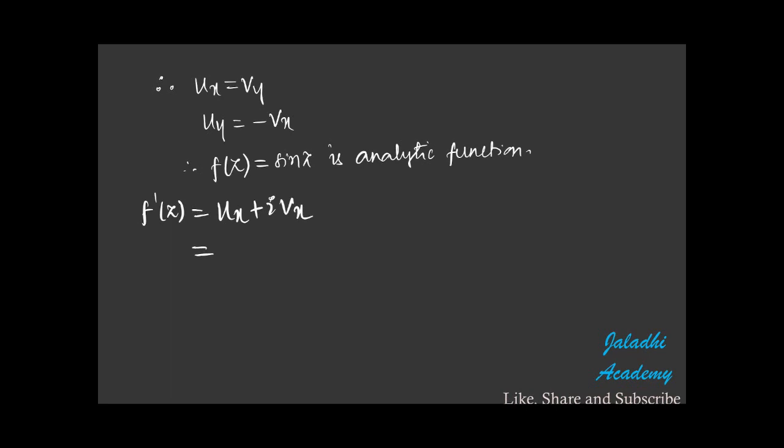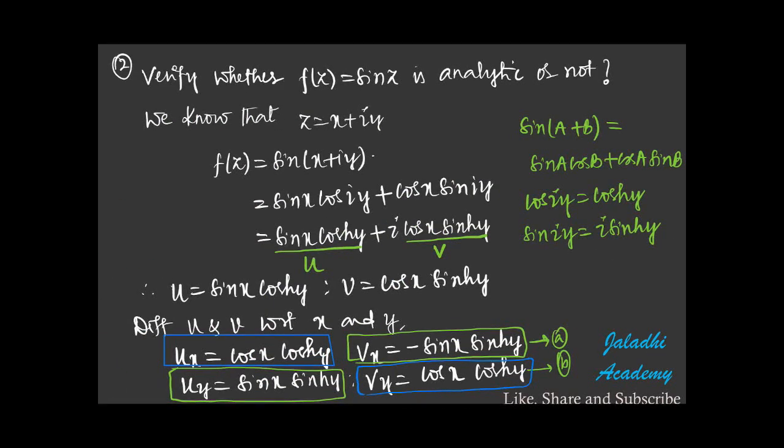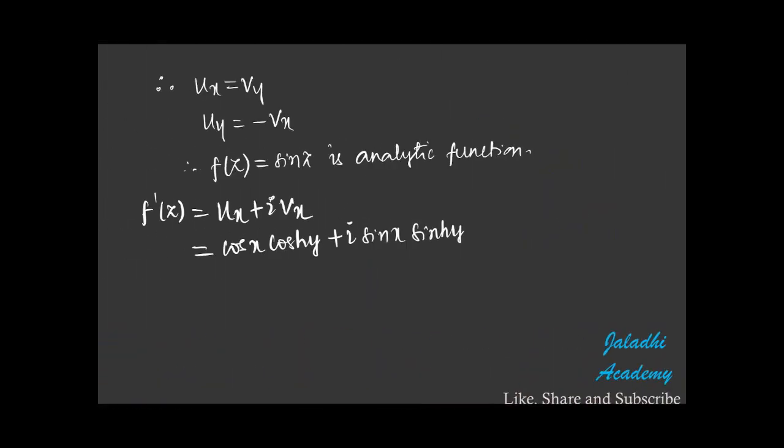Substituting the value of ux, it is cos x into cos hyperbolic y plus i times the vx value, which is sin x into sin hy. We can go back and check once: the vx value has a negative sign, so the plus sign will become a minus sign here.